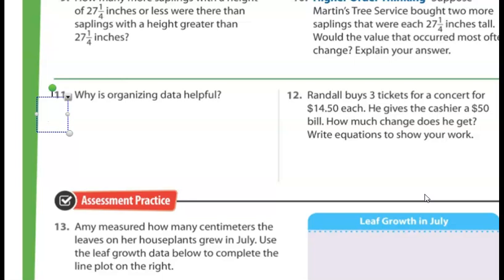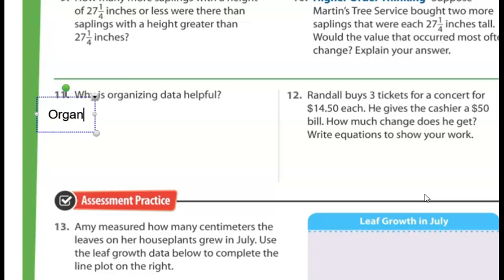Well, the more organized something is, the easier it is to use. Just think about our classroom or your room or a kitchen. If things are out of place and hard to find, then it takes a lot longer to do something. But if our classroom is organized and you know where to find everything, it's super quick and efficient.